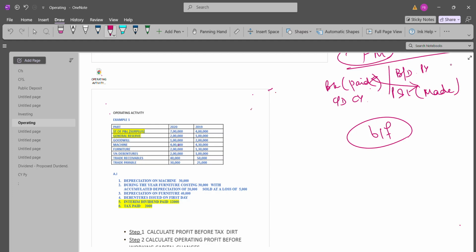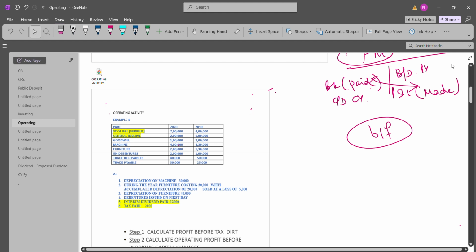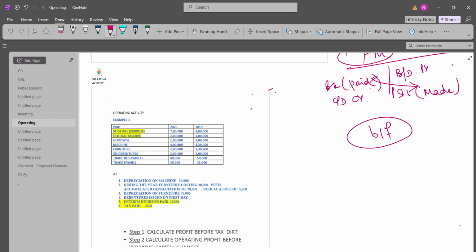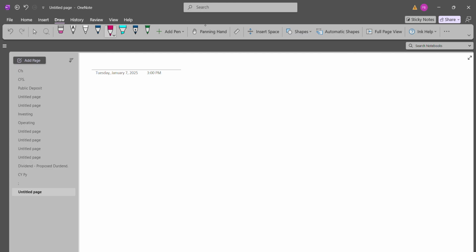Here you are given a statement of P&L. Let's look at a better version of this. Let me add a page to this.